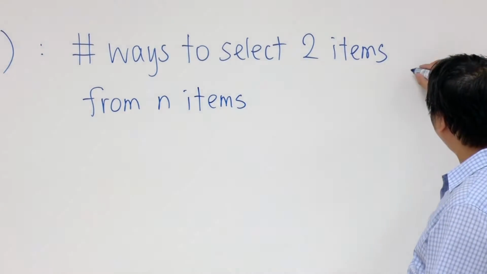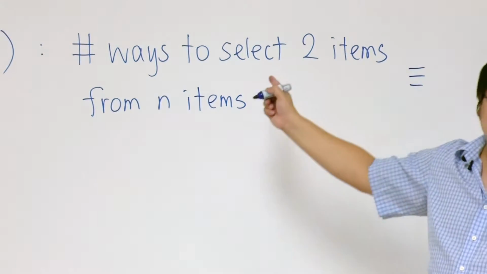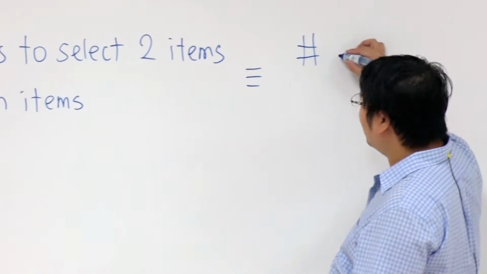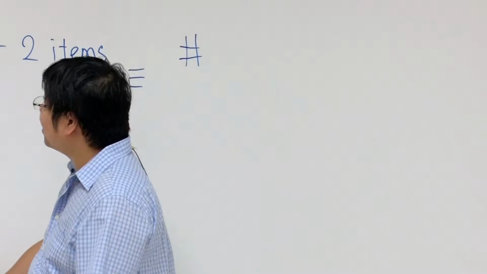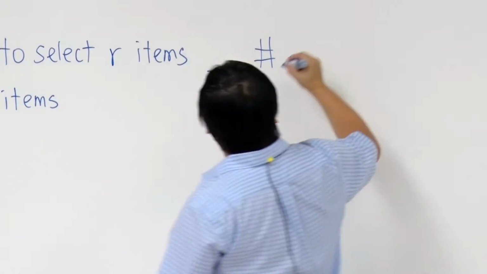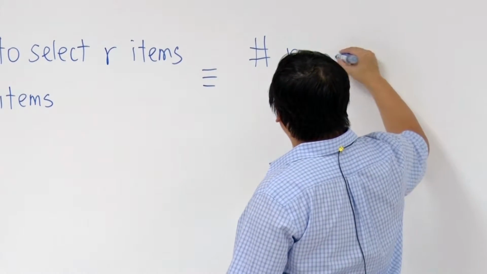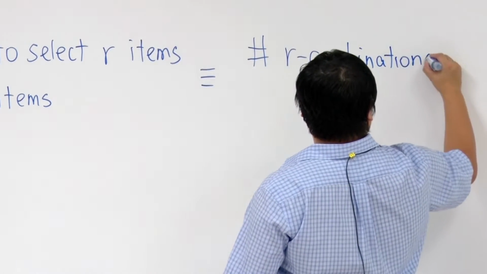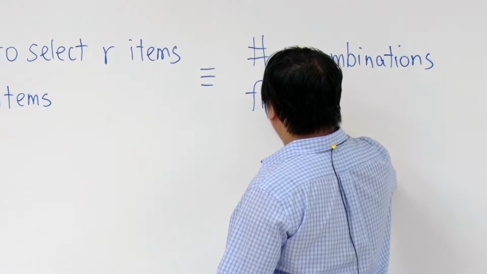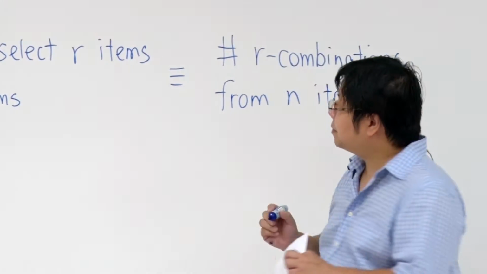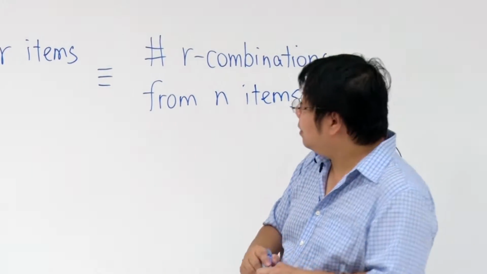If you don't like the word select, you can say it equals the number of r-combinations from n items. So C(n, r) means this.